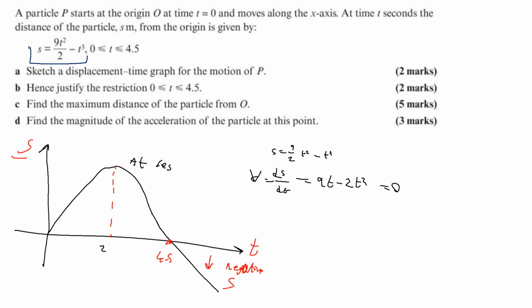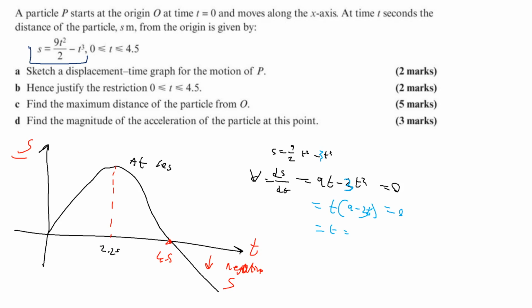Through symmetry, I know that this is 2.25, but in case you don't believe me, we're going to factorize t out of this. So t, and this will be 9 minus 2t, which is equal to 0. Sorry, it's 3t squared.